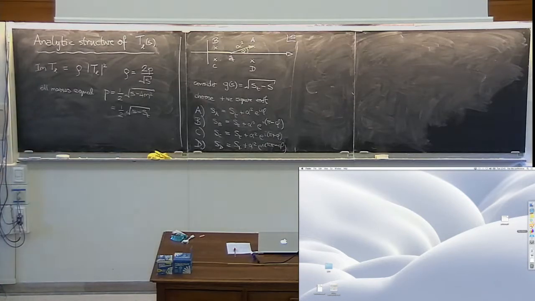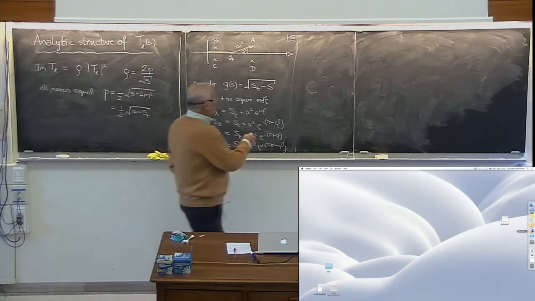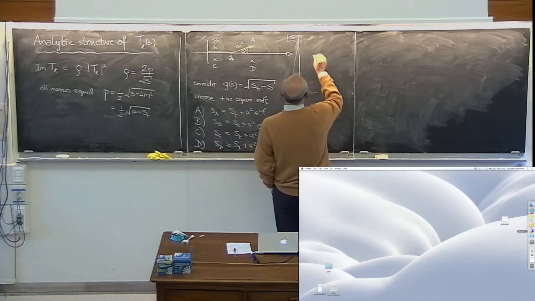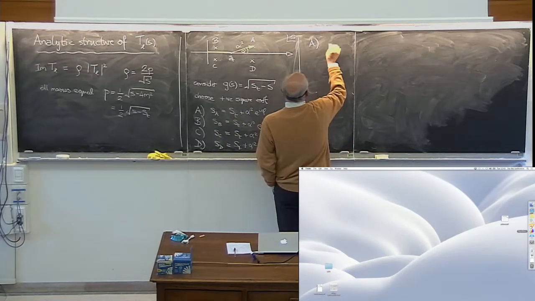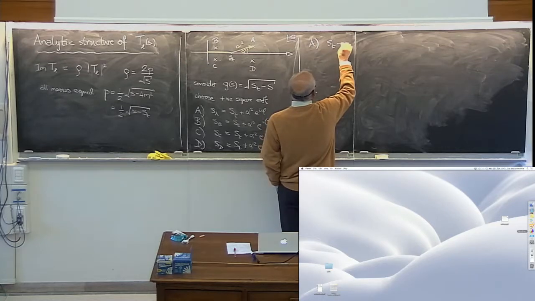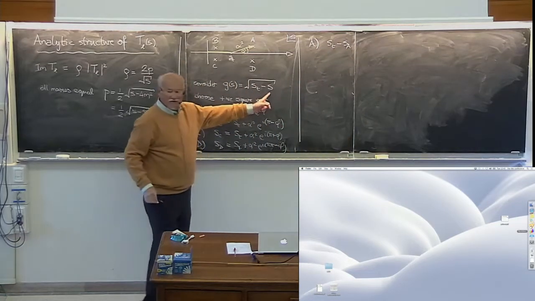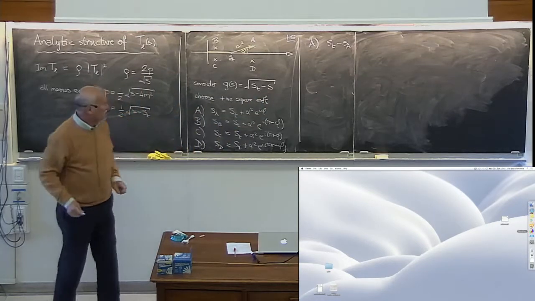Now we're going to evaluate the function g at each of those points and see what happens. Once you've done one, it's easy to do that. So at A, st minus sa is what we have to evaluate, and then we have to take the square root.